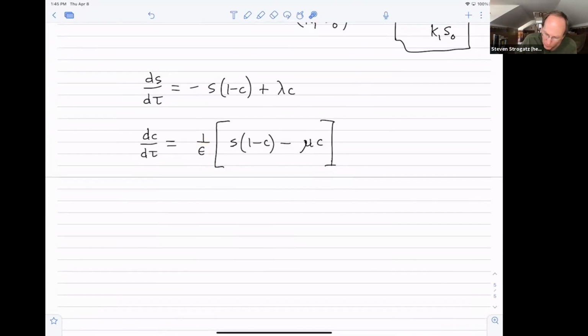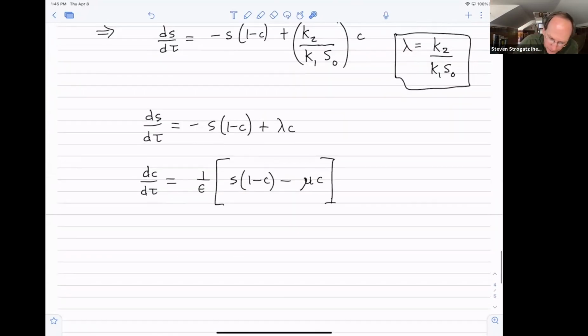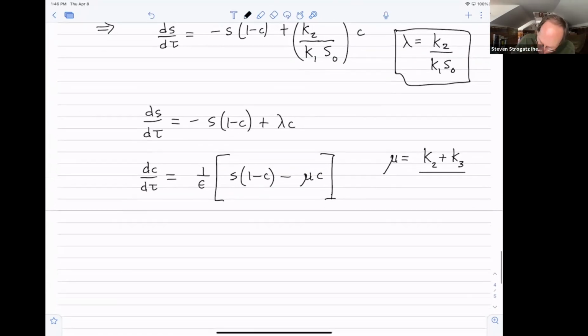So it ends up that this quantity mu, this other dimensionless quantity, mu is k2 plus k3, that's some of the rate constants that we saw earlier, divided by k1 S0.